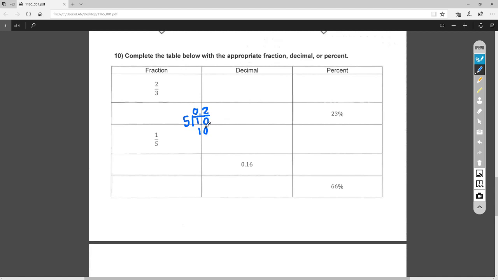And then on the bottom, I'm going to subtract to see what I have remaining. I don't have anything left. So 0.2 would be my decimal. Now again, to change it to percent, 2 places to the right. So it would be 20%.